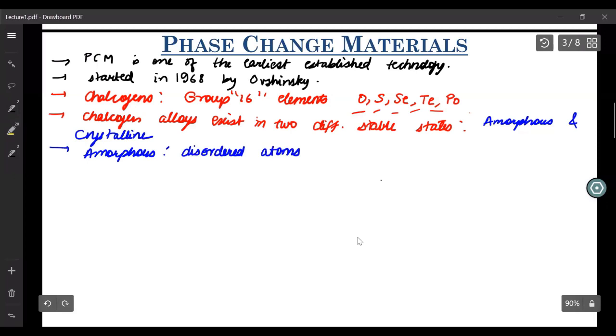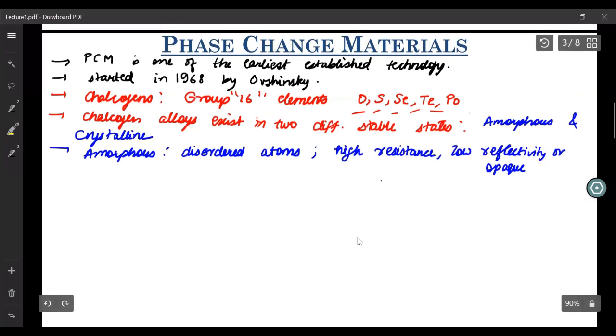Amorphous materials consist of atoms in a disordered configuration, and since the atoms are arranged in a disordered fashion, they offer high resistance. Also, in terms of optical property, they show a low reflectivity. I won't say they are opaque, but they usually show low reflectivity.